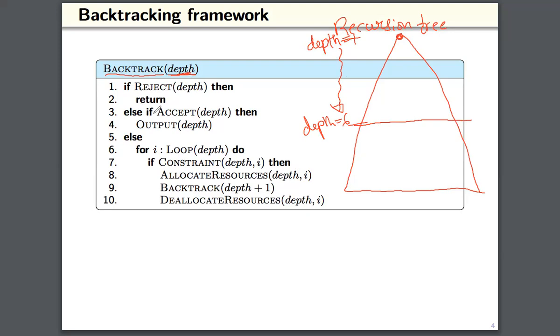If reject of depth, then return. That means you found a condition such that the instance will be rejected, then you return. We will understand this when we encounter different problems. If it is the reject condition, we return, that means we backtrack.